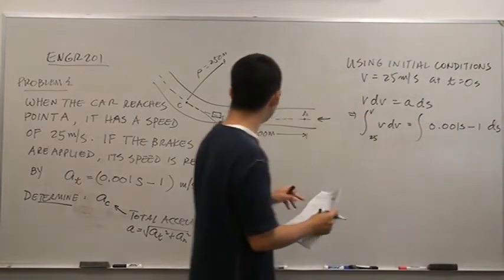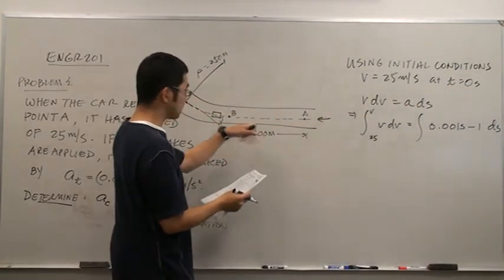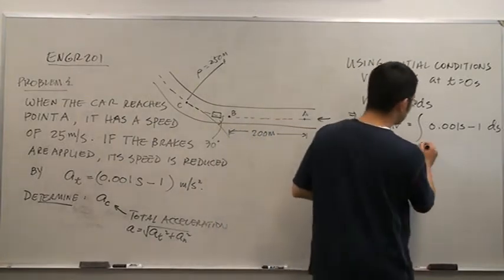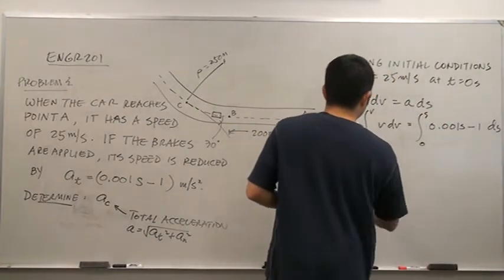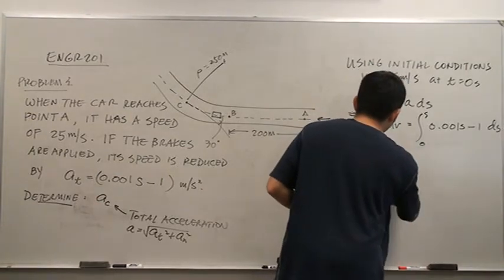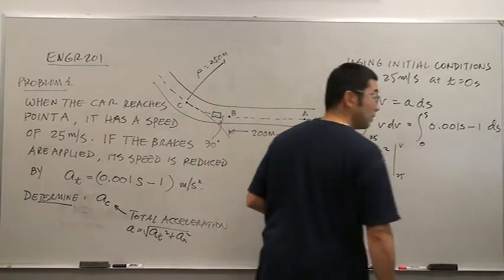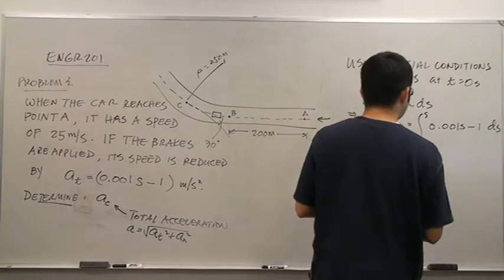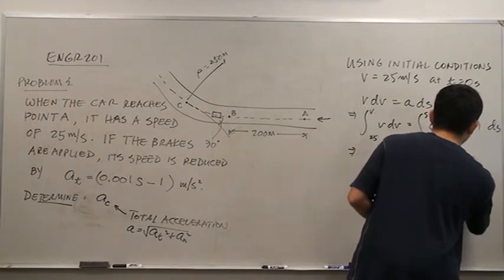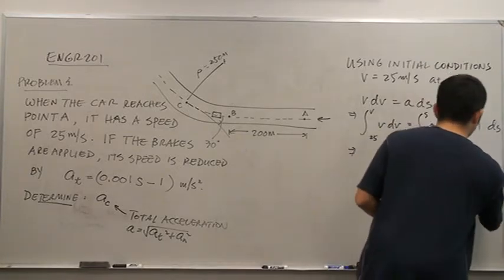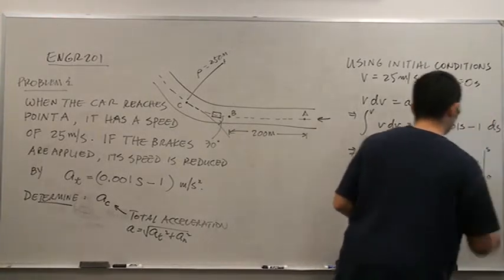And this is going from 0 to some displacement downstream, 0 to s. Okay? So you have v squared over 2, from 25 to v, is equal to 0.0005 s squared minus s, from 0 to s.